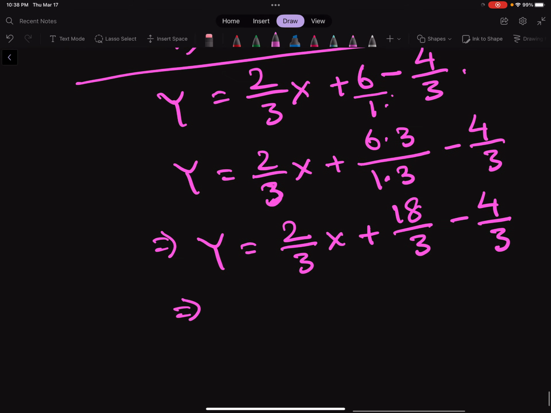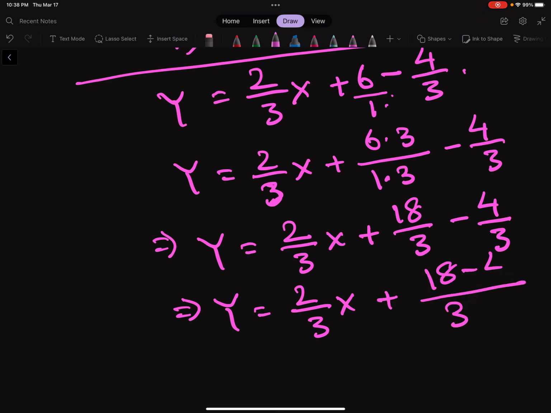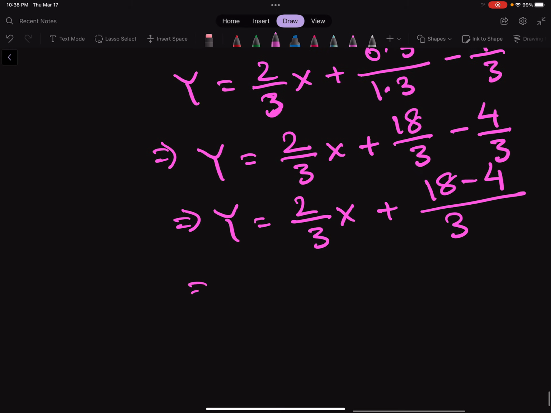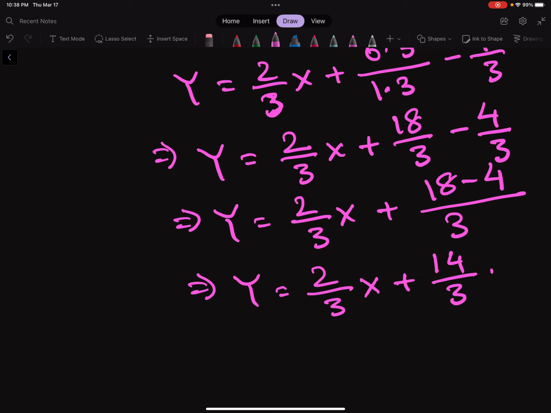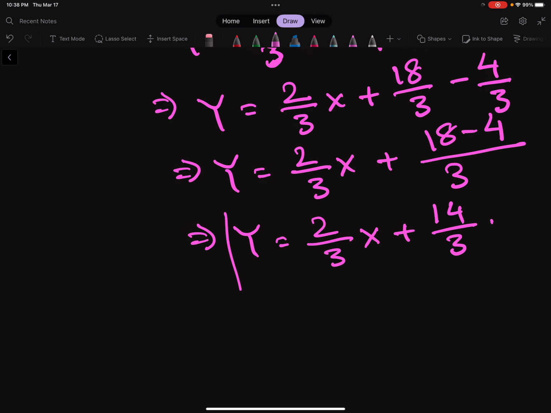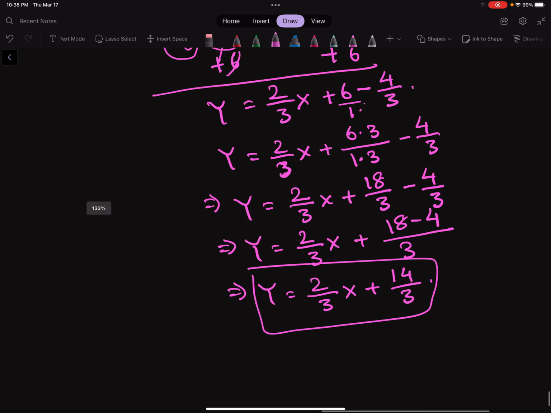Now you just simplify them. With 3 as a common denominator, 18 minus 4, so you get y equals 2 over 3x plus 14 over 3.